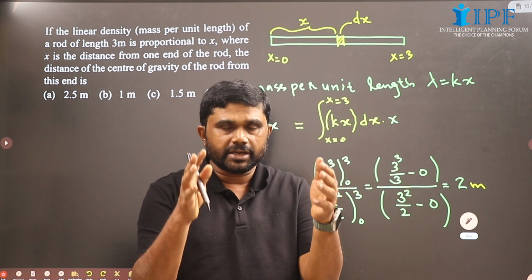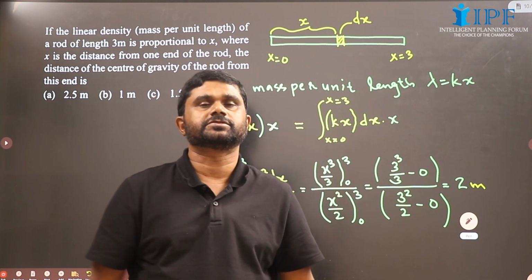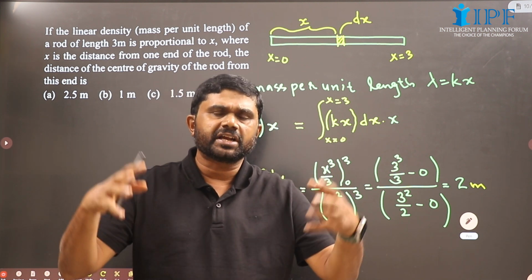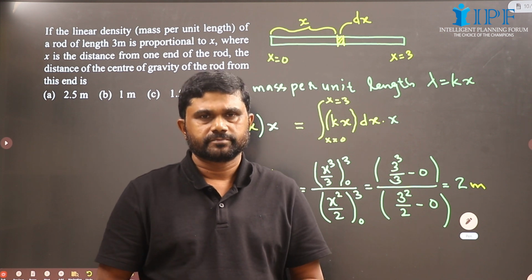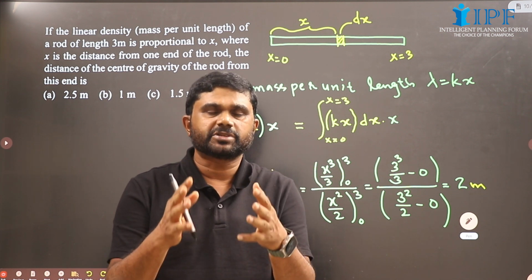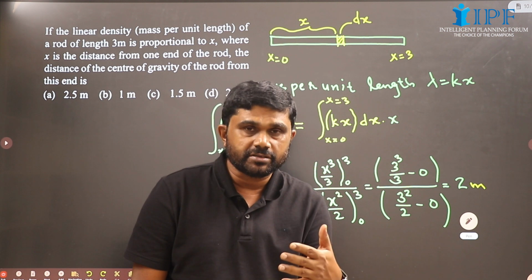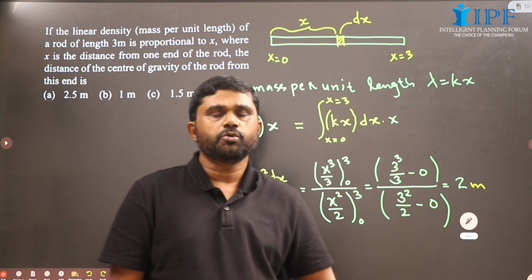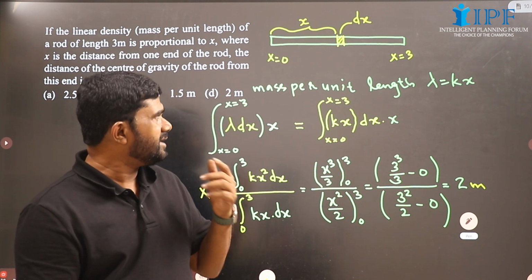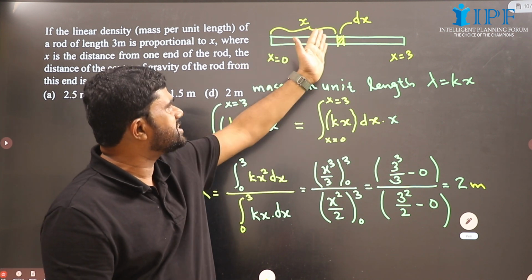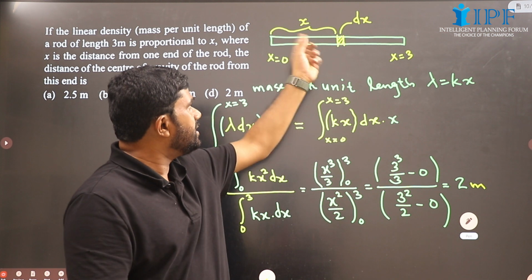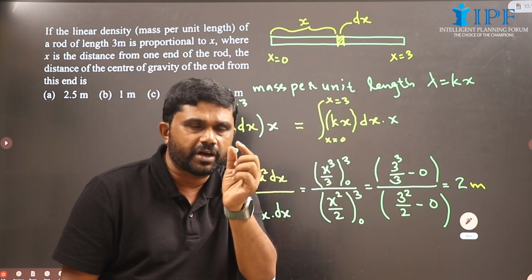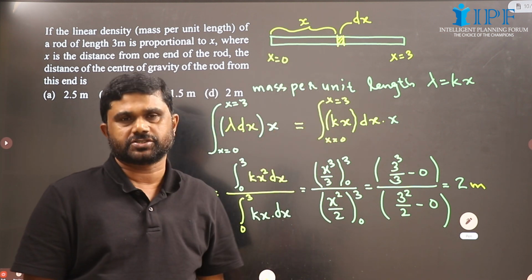Now that rod can be considered as made up of an infinitely large number of particles with masses say m1, m2, m3, etc. at position coordinates x1, x2, x3, etc. Now consider an arbitrary element at a distance x. Consider an element of a small length dx.